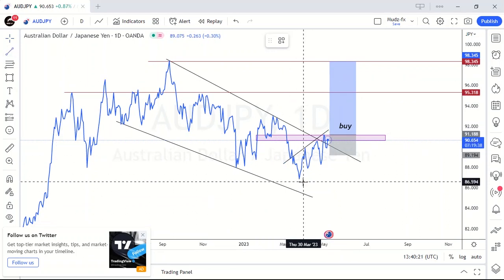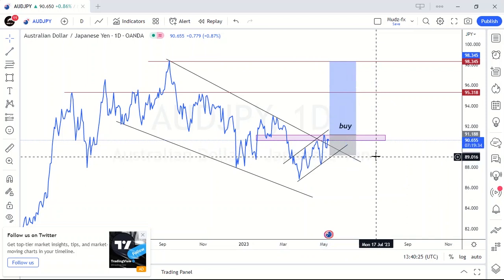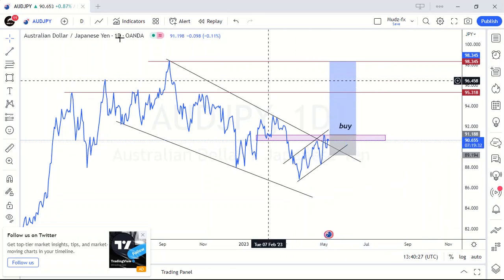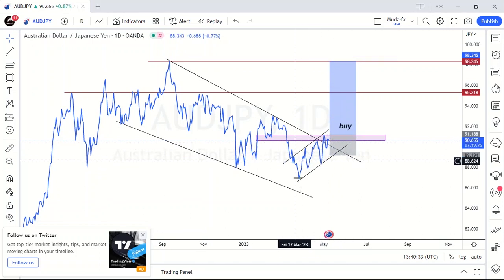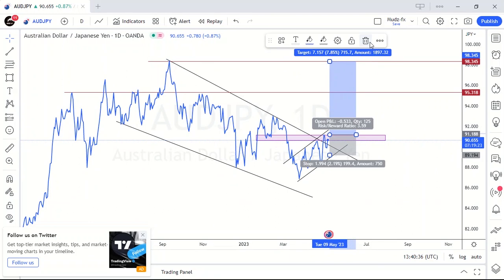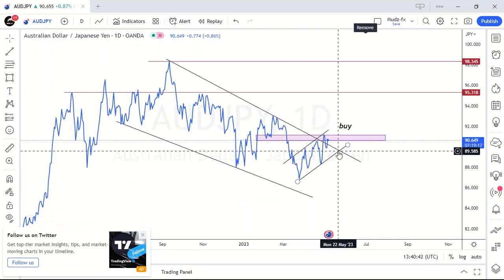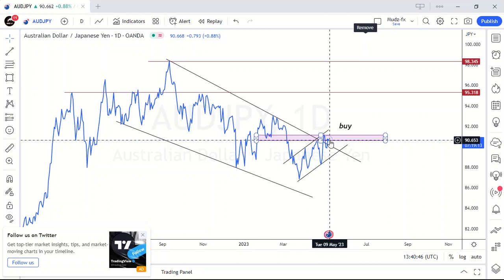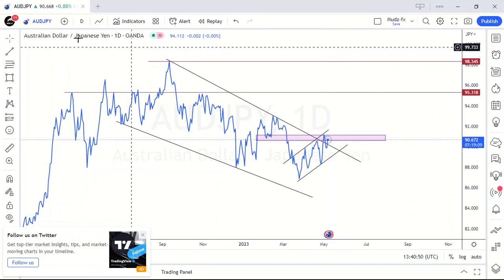But if it decides to follow the bearish pattern, I might wait for a breakout below the trend line that covers the higher lows, just to complete that pattern. I might sell. So I have two options here. Either I wait for a buy or I wait for a sell, whatever the market does.